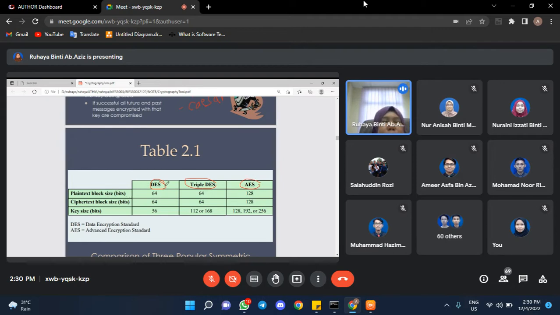For DES the plain text block is 64-bit, triple DES 64, AES 128. For ciphertext block size, it is 64, 128. In terms of key size, for DES it is 56, for triple DES it is 112 or 168, and for AES it is 128, 192 or 256 bits.